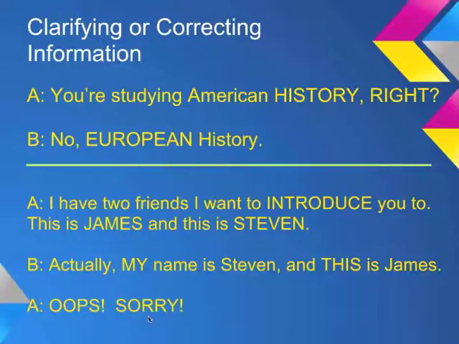So in this case, notice that in the original situation, the person had the names in the wrong order. So in this case, the person is emphasizing that it's not that this is not James, it's my name is Stephen. And the other person here is James. So again, notice in this case, we have emphasized the structure words, not the content words, because this is where the mistake is located.